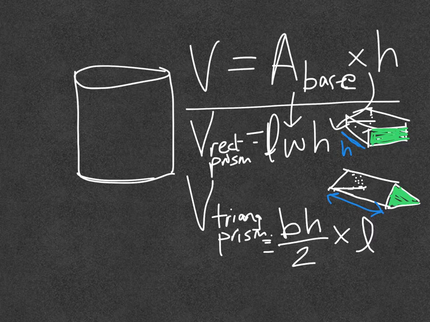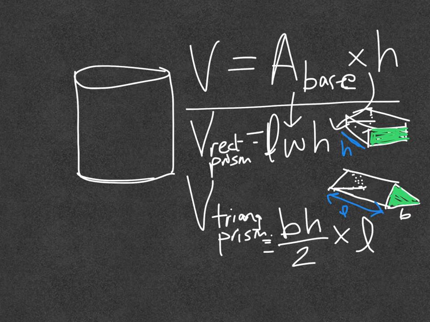So we don't want to have base times height over 2 times base, because this is basically your base, right? So we want to call this maybe the length, okay? Or you could say length or depth, it could be times d.